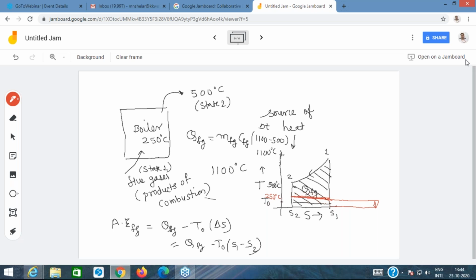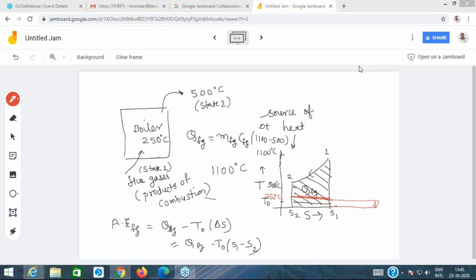Why should the area under 1 and 2 and the area under the 250 degree centigrade line be the same? Any answers? Nobody has the answer? Yeah, Gautam is correct. The answer is the same amount of heat is transferred. There is no heat loss. If there was a heat loss, the area would have been different. So the area is the same.